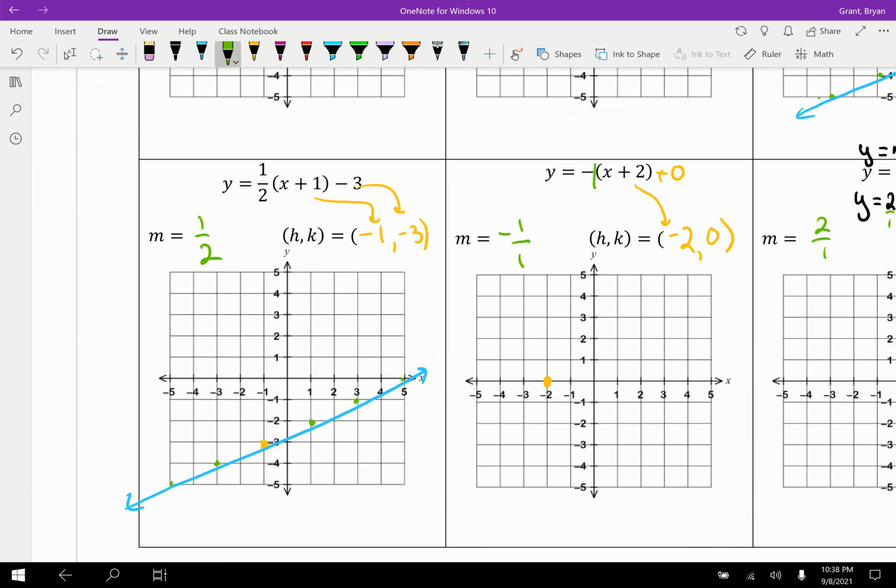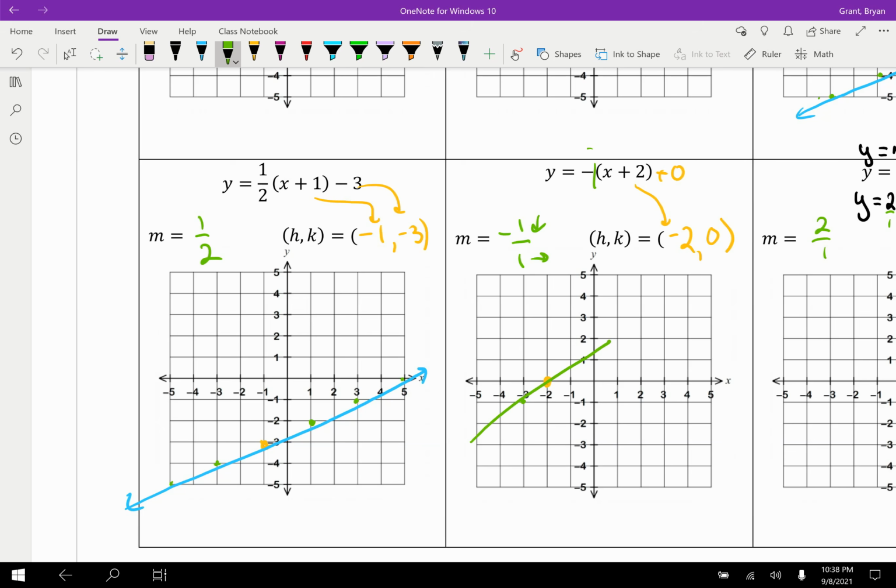Fifth one, we finally have a different slope, down 1 over 1. Again, I always like to put the negative on the top. I can usually remember up and down pretty well, and that way for the bottom one, I just always go right. So down 1, right 1. And again, I covered this last class, but sometimes you'll go the wrong way, down 1, left 1. But if you connect these, isn't this line going in an upwards direction?